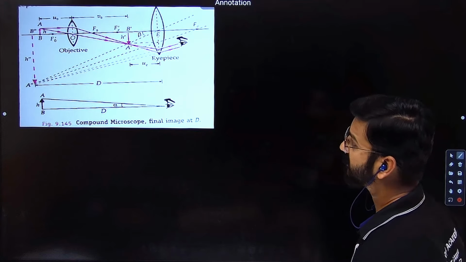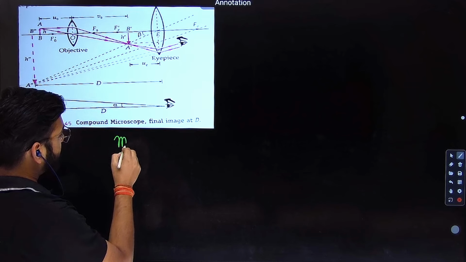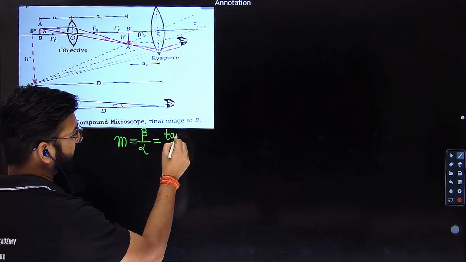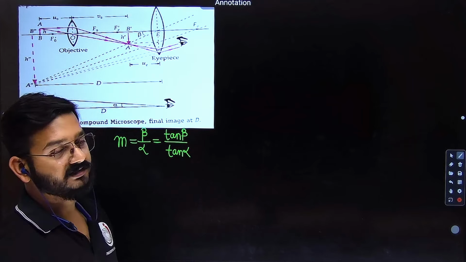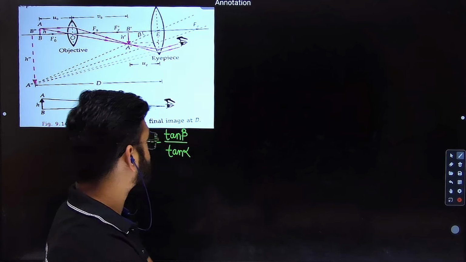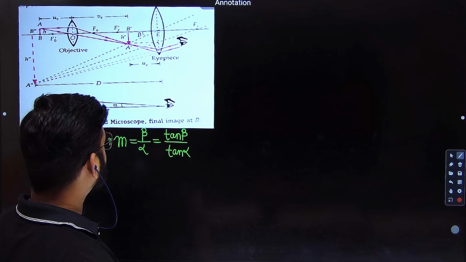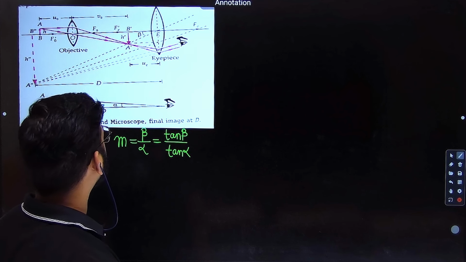Okay, let's derive the expression for the magnifying power. First of all, m is equal to beta by alpha, which will be the same as tan beta by tan alpha. Beta is the angle formed by the image, alpha is the angle formed by the object. So let's find out tan beta and then tan alpha.